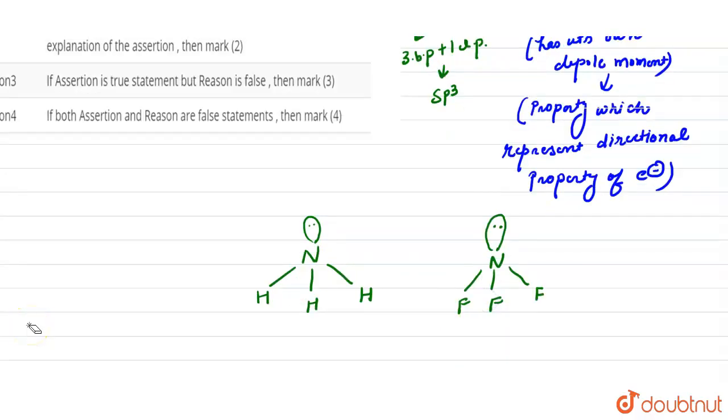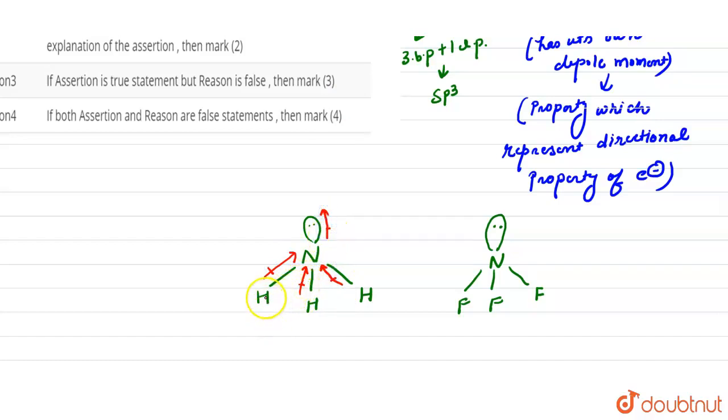Now, in the structure of NH3, the N-H bond has dipole moment towards nitrogen, in this direction. Why?